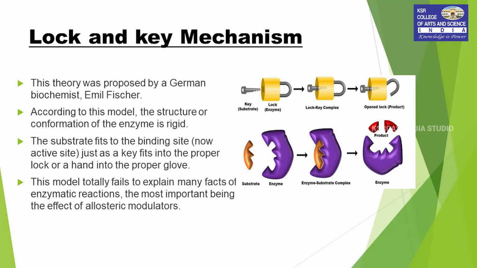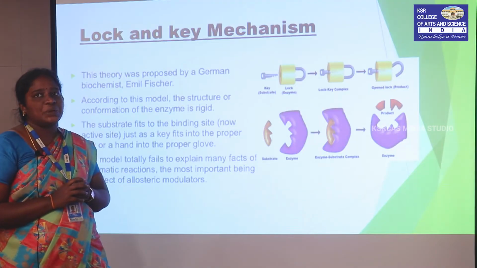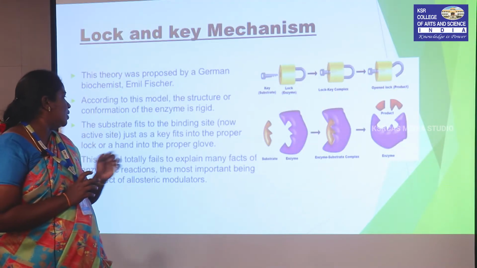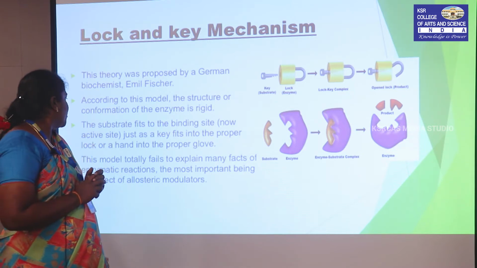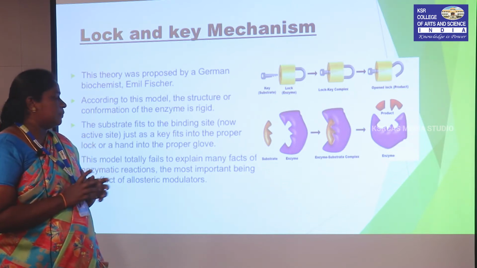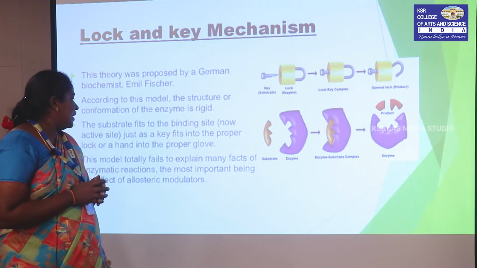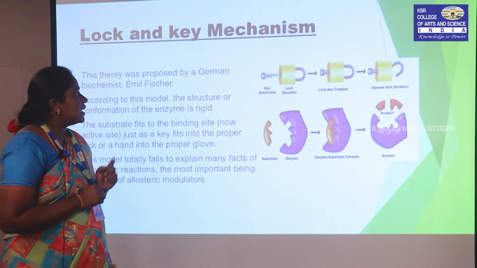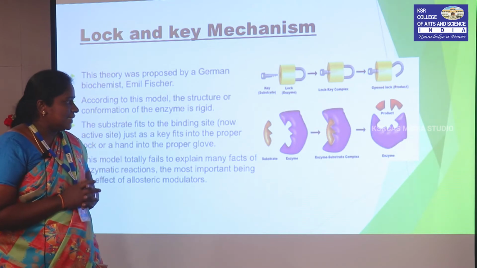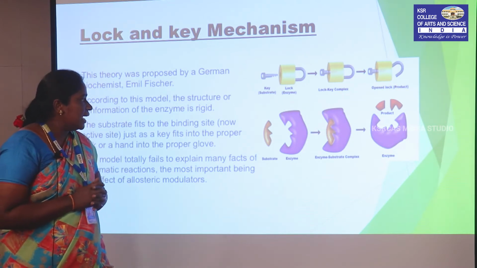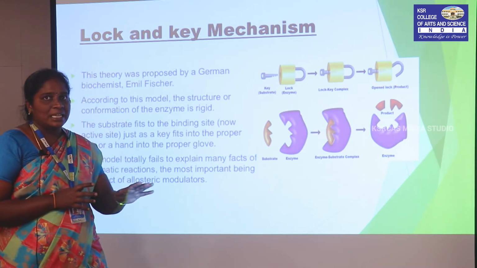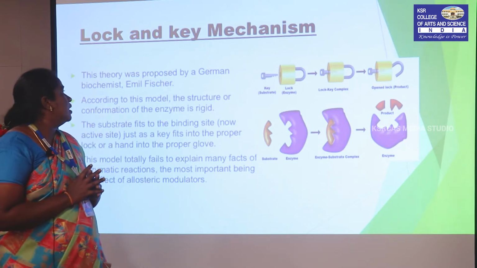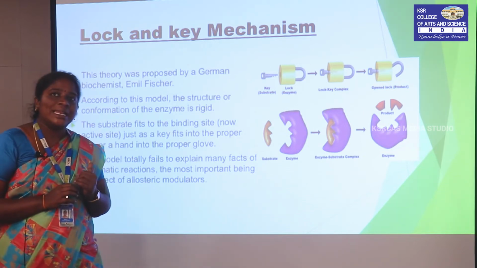The substrate fits the binding site just as a key fits into the proper lock and a hand into the proper glove. This model fails to explain many facts of enzymatic reactions, such as the effect of allosteric modulators. The key combines with the enzyme to give the enzyme-substrate complex, and finally we get the enzyme back. This is the lock and key mechanism.